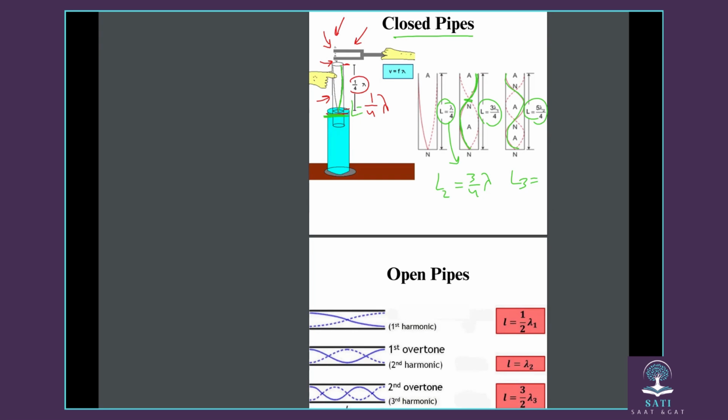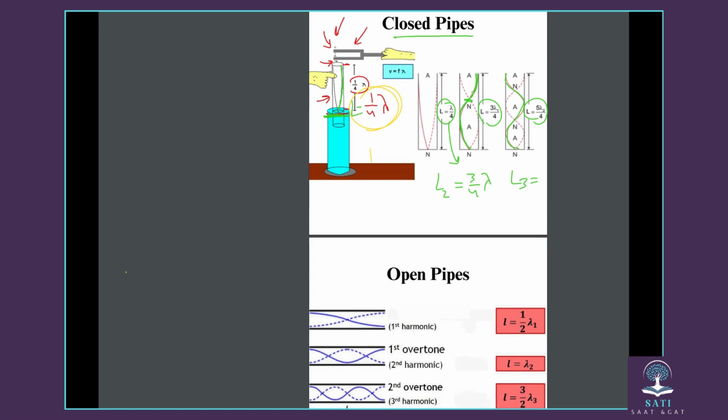So the first resonance in a closed tube, you need to memorize this idea perfectly. The first resonance of closed tubes happens when the length of the tube is a quarter of a lambda. Then the second one will be 3/4, then 5/4, then 7/4, and so on.